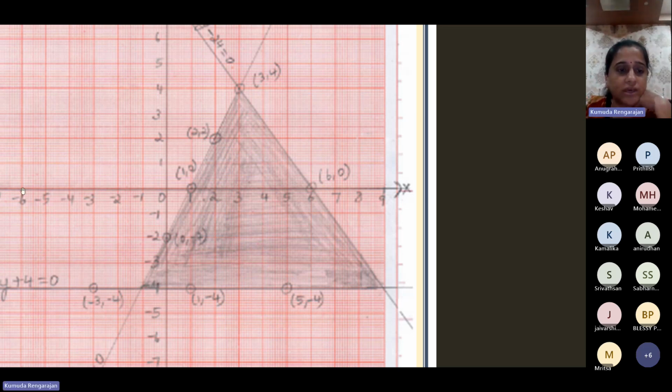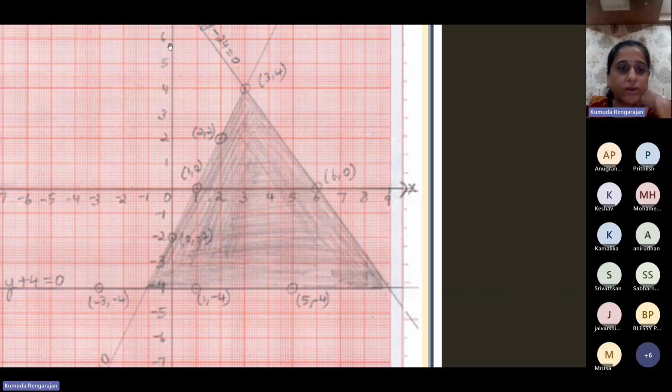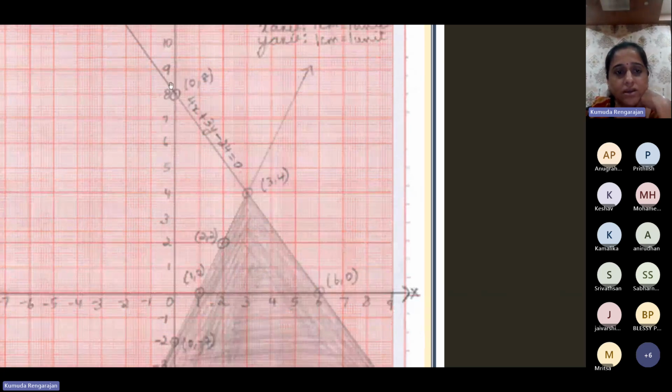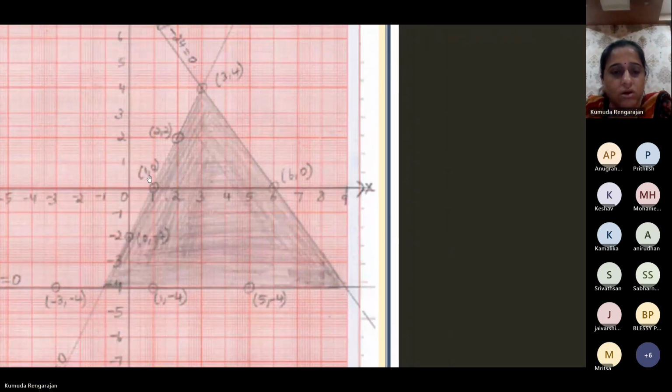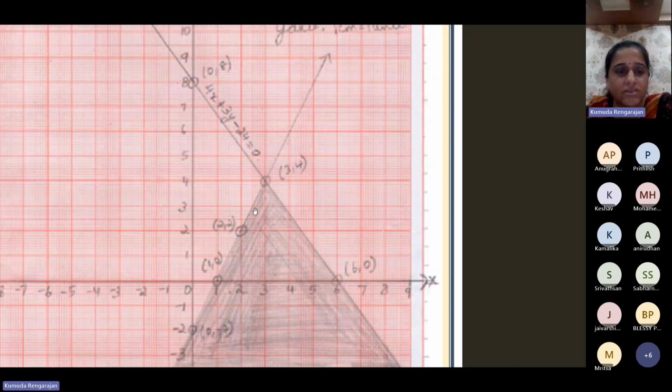This is the x-axis, this is the y-axis, and this is the line 4x plus 3y minus 24 is equal to 0. You can see that this line cuts the x-axis at 6 comma 0 and the y-axis at 0 comma 8.